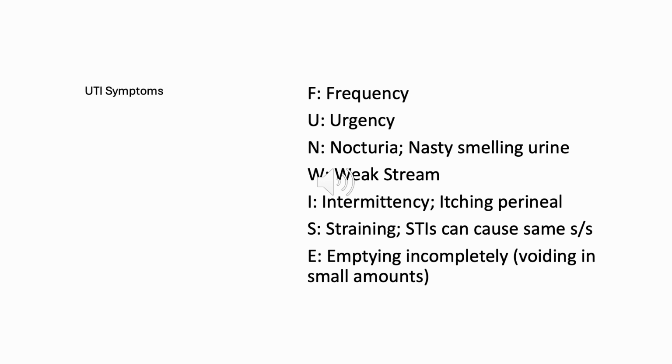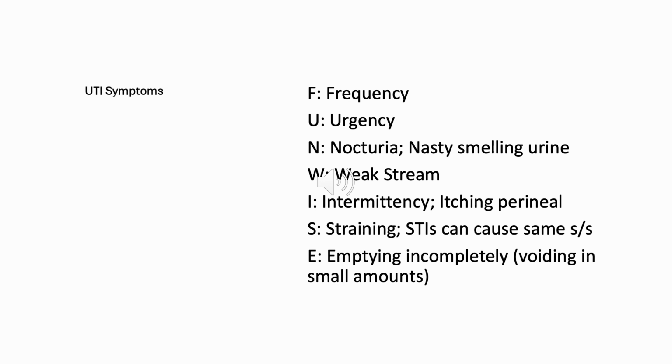The symptoms of a UTI can be remembered with the mnemonic FUNWISE, which is not really fun. Frequency: when people have UTIs, they have increased frequency and urgency. They may have nocturia or nasty smelling urine. They may have a weak stream. Intermittency.